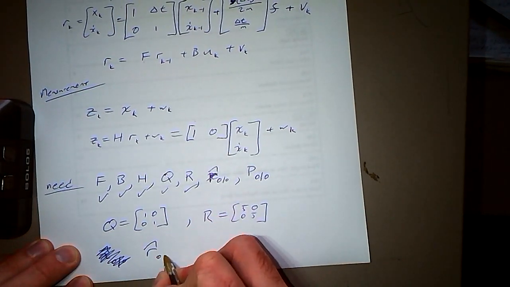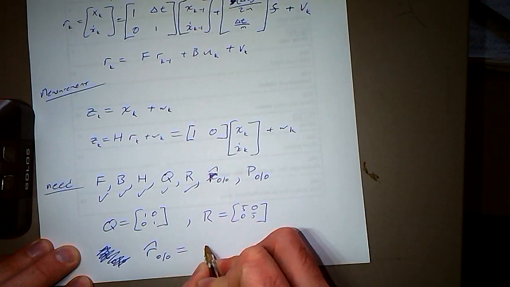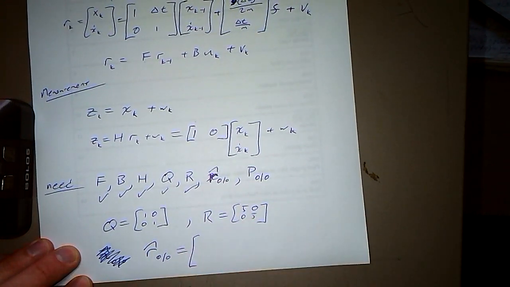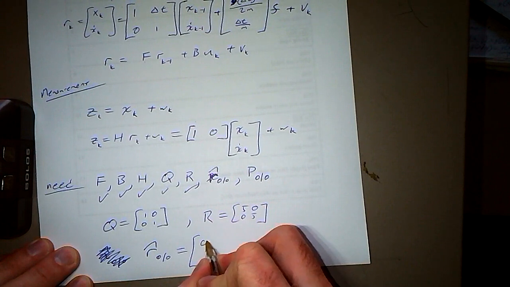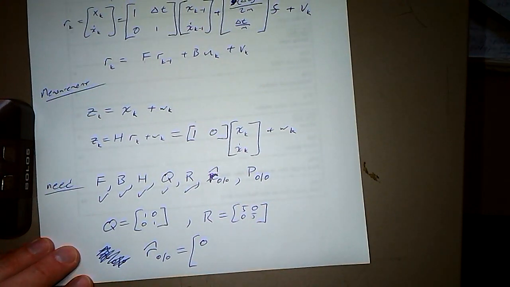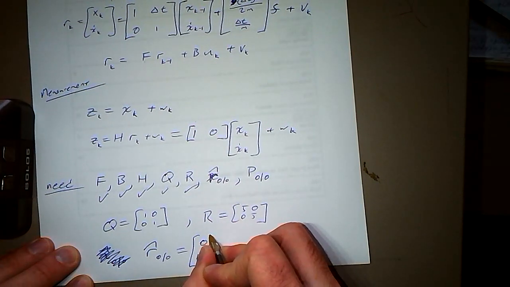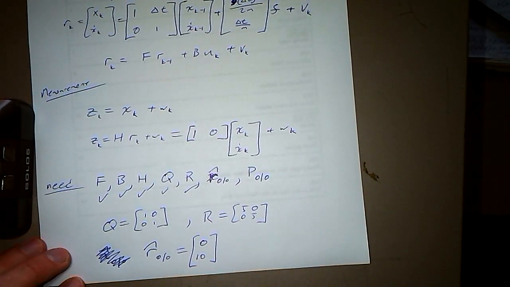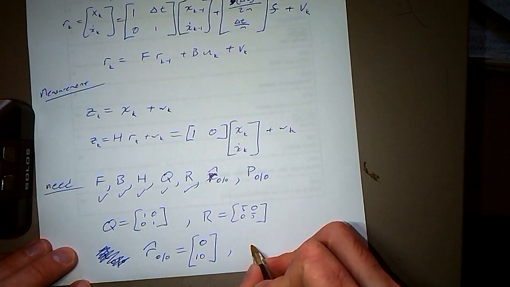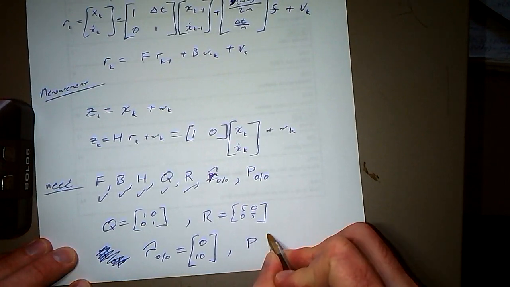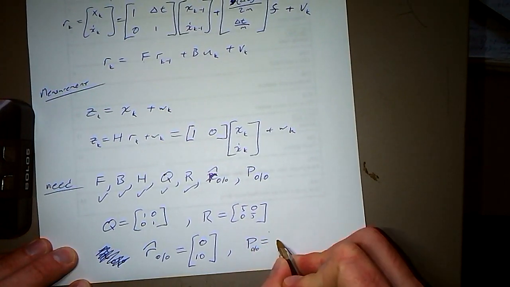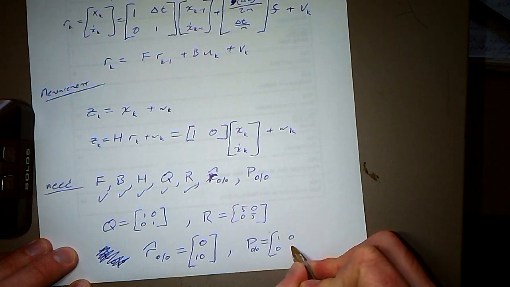So our initial estimate for the state at time 0, we'll just say that initially the position of the train was 0 and the velocity was 10. Or I'm sorry, just 10, because we don't have units. And then P, we'll just let this also be the identity matrix.